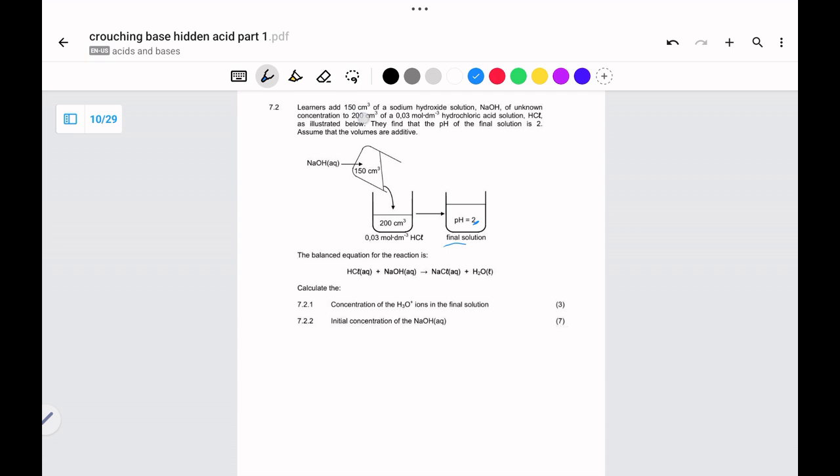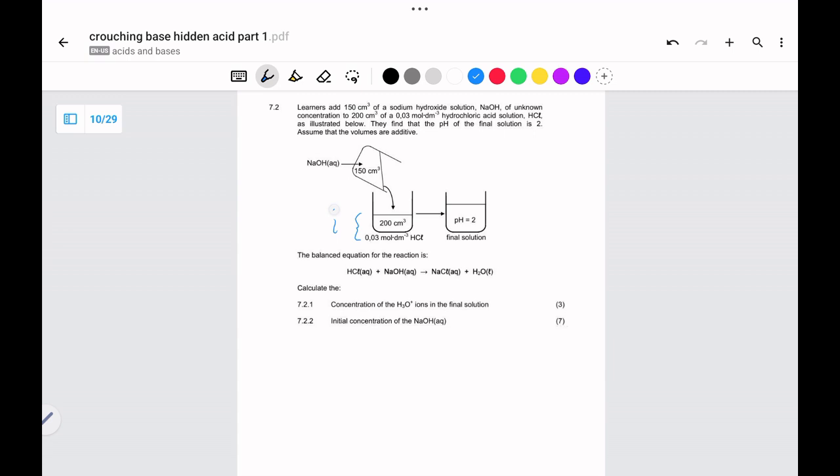For the acid, we had a volume and we had a concentration. Okay, notice, so we have our initial state for the acid. This gives us the initial state for the acid.